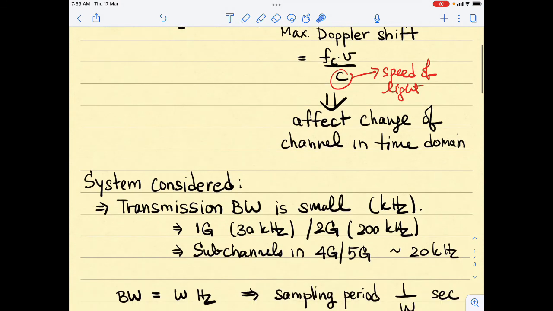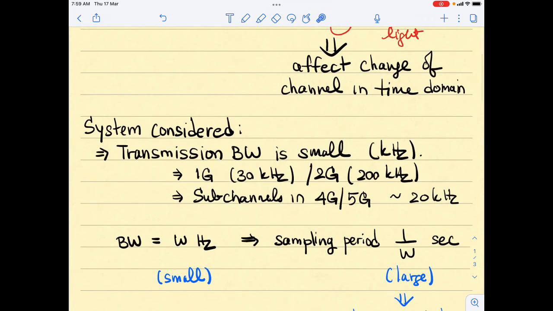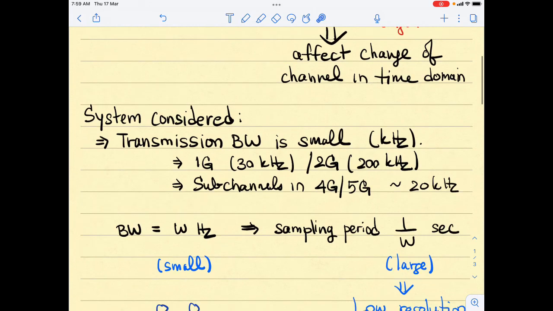To really study how the channel is changing, we're going to do some analysis and simulations later. So we'll have certain assumptions. Here, the system that we are considering has very small transmission bandwidth, right?